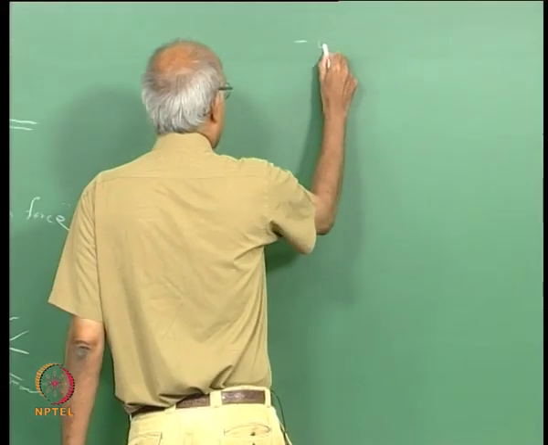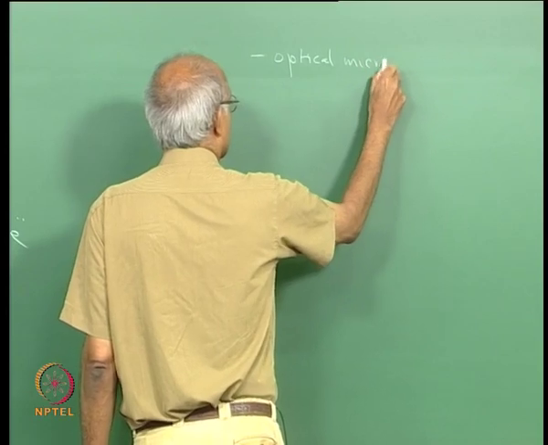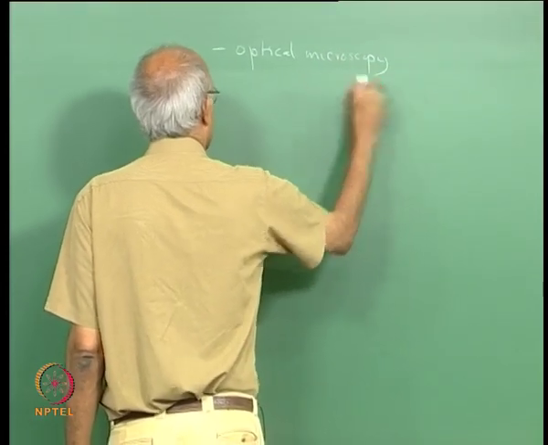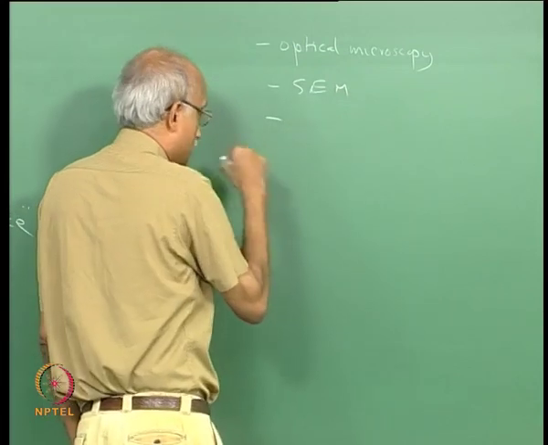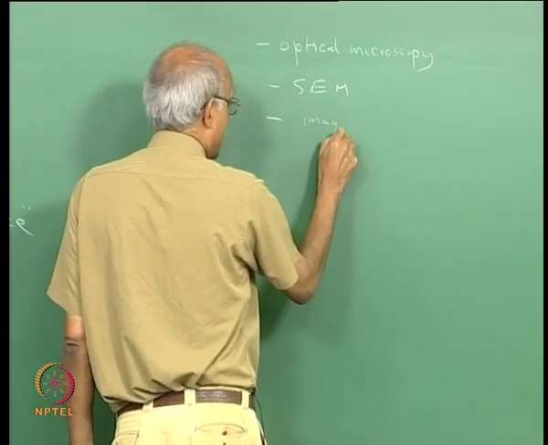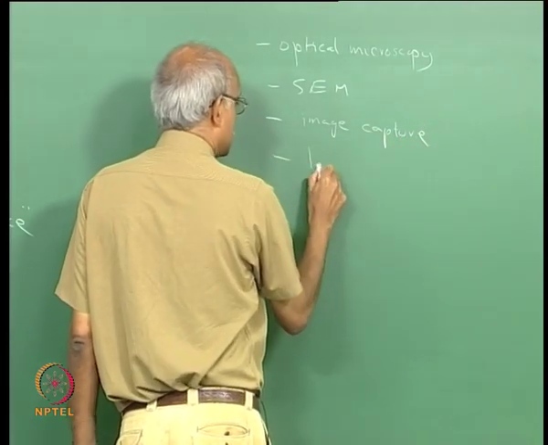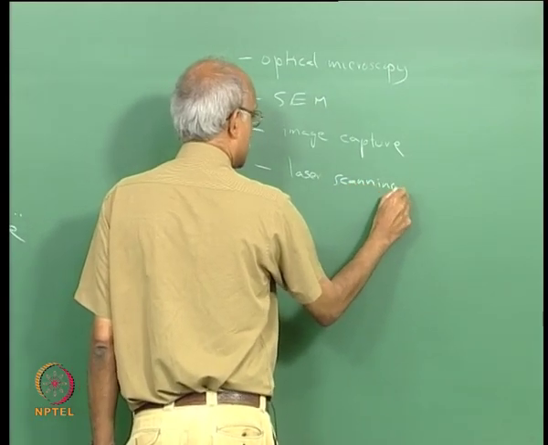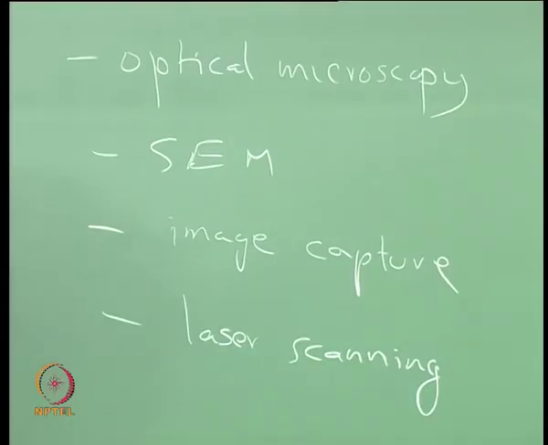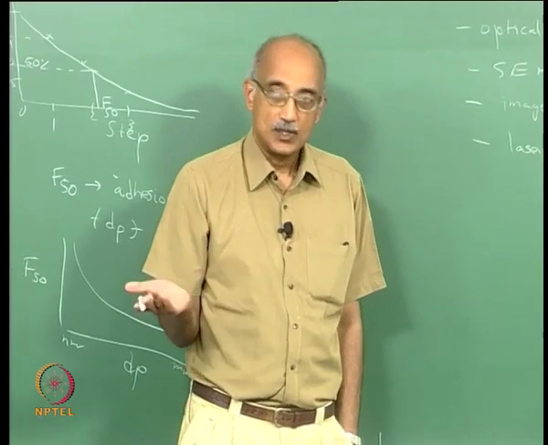So for example, optical microscopy, scanning electron microscopy, image capture techniques, laser scanning. Some of these techniques work well for single particles and some of them work well for assemblies of particles.